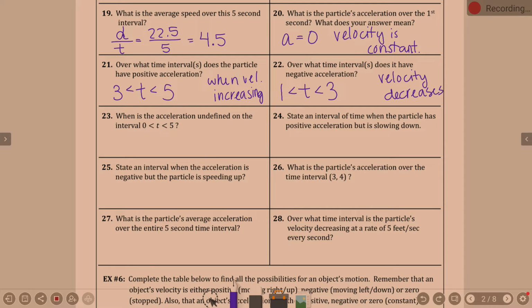So t equals 1, 2, and 3, when the derivative does not exist. So sharp points or cusp. Basically not your traditional curve and not just a solid line.